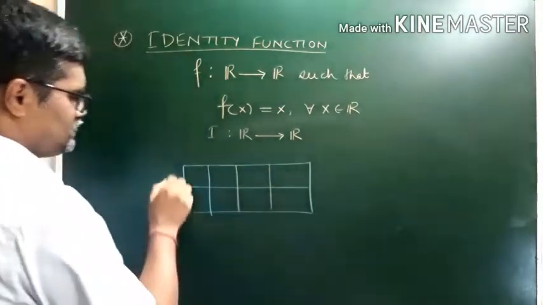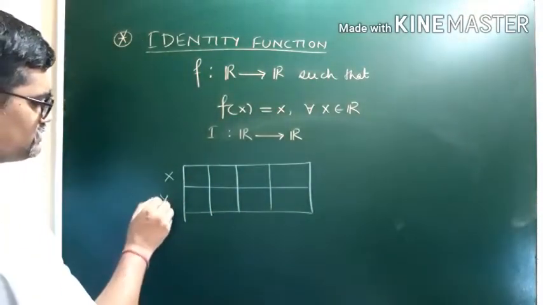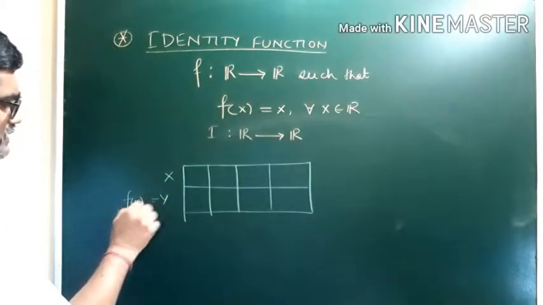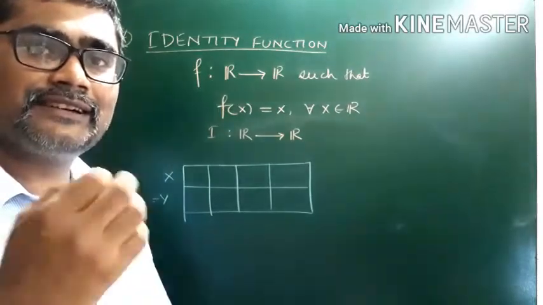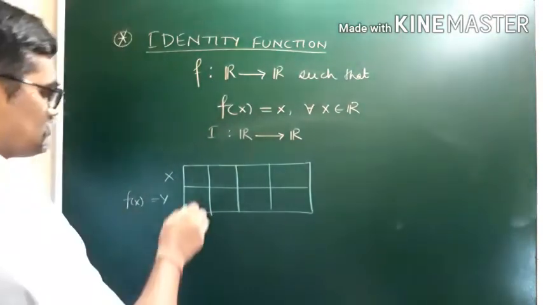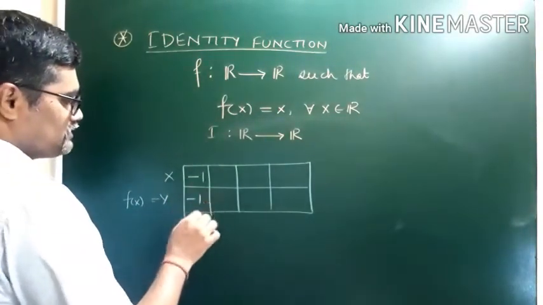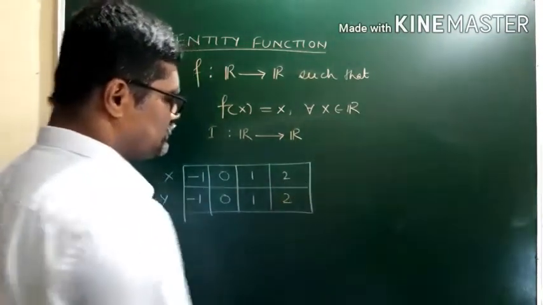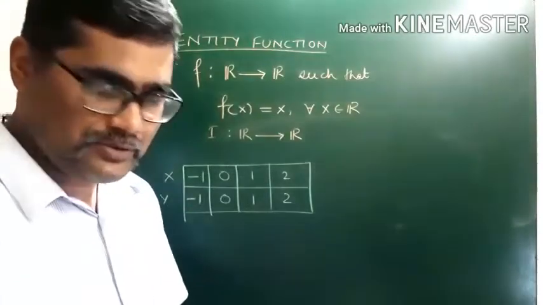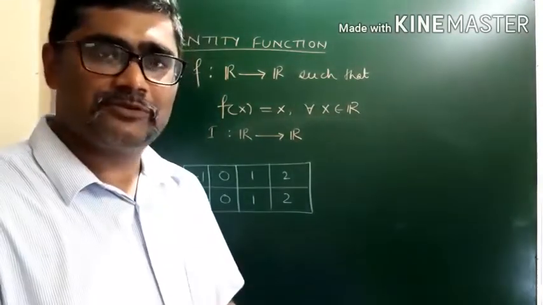Some points we will take: this is the value of x, this is y, which is nothing but f(x). Here you can remember that whatever is the entry, that is the output, right? So you can take some negative numbers, you can take 0, 1, 2, right? Am I clear to you? So now let us try to draw the graph.